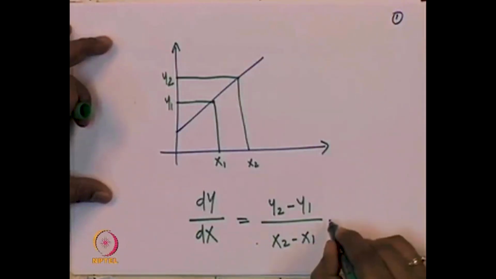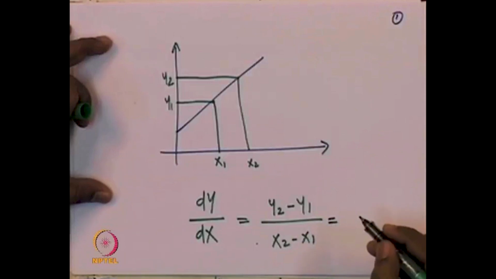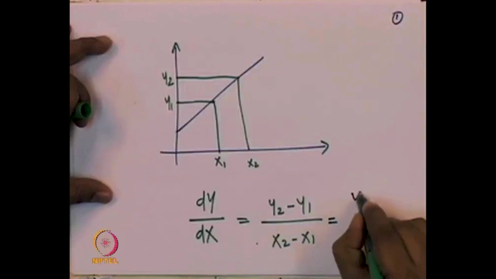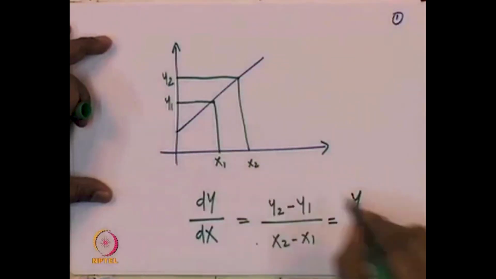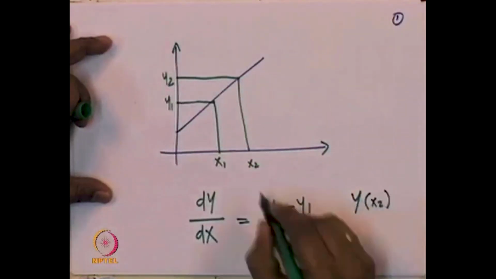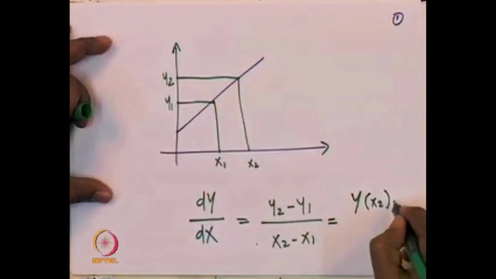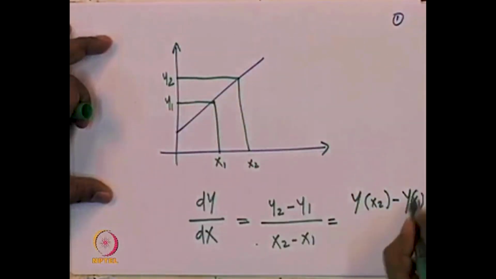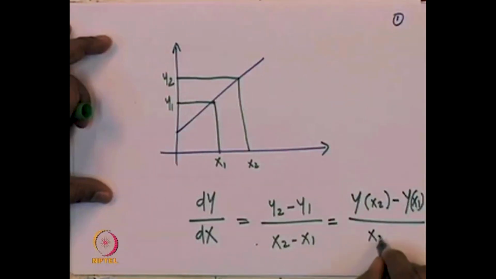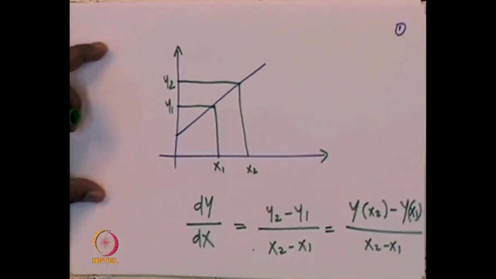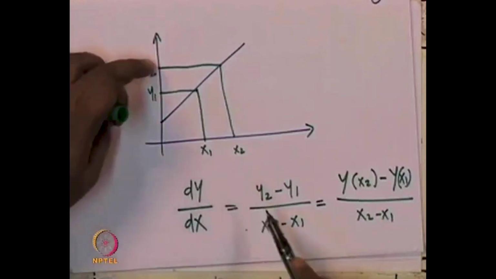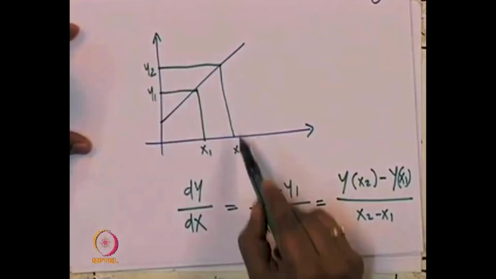We can also express this in another way. In some books you will see this written differently: y at x2, the y corresponding to x2, minus y corresponding to x1, divided by x2 minus x1. What does it mean? y2 is nothing but y corresponding to x2.